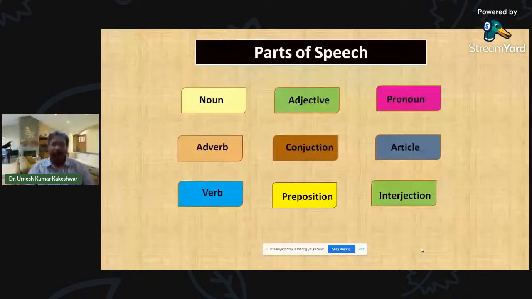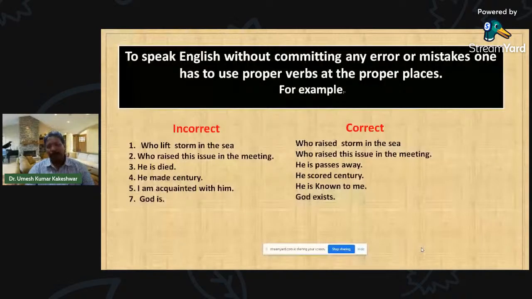Most Indian people are always fond of speaking English, but the unfortunate incident is that they don't use proper verbs. The ultimate goal of this PPT is to speak correct English. Here I am explaining some examples.